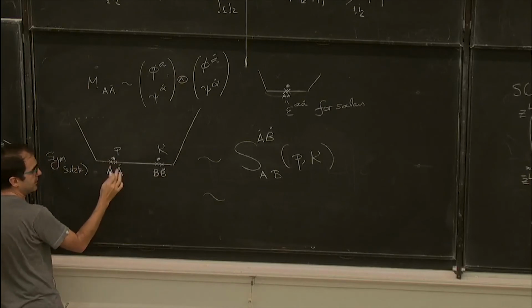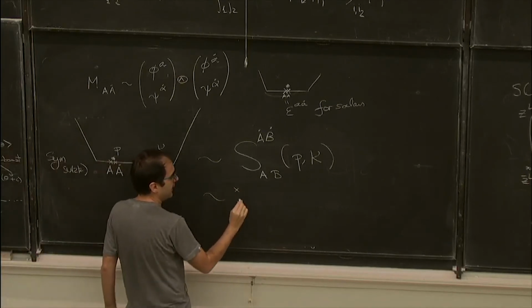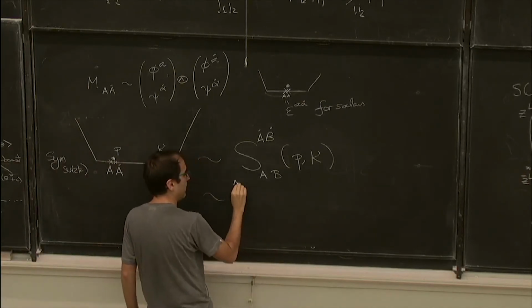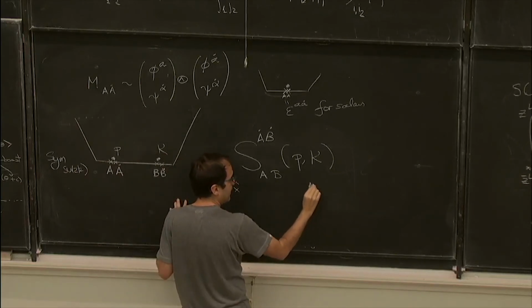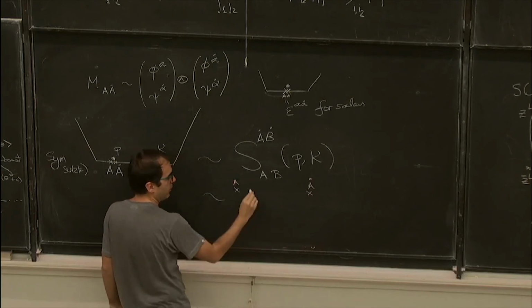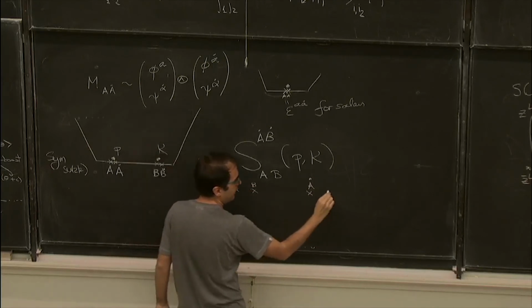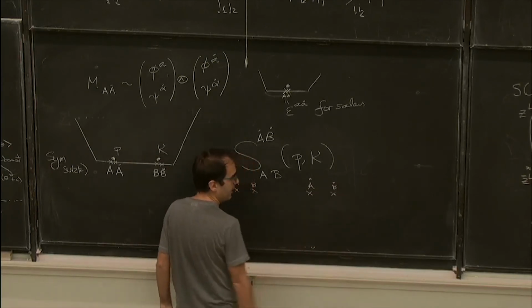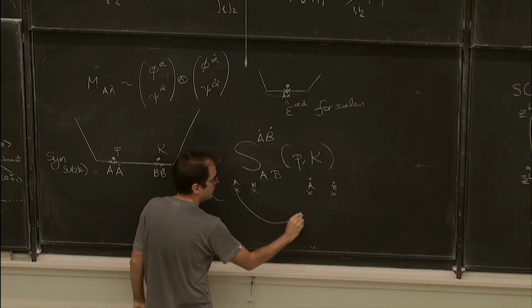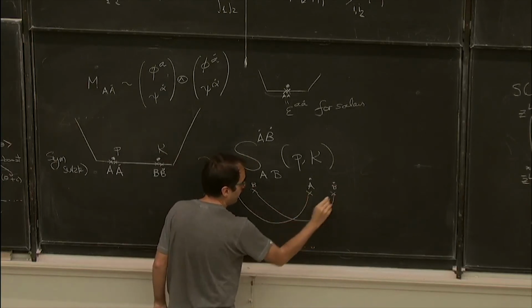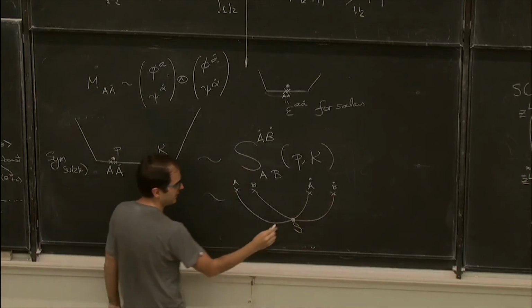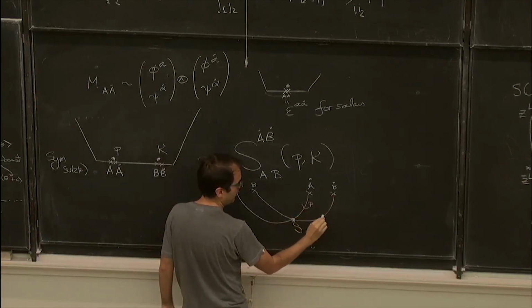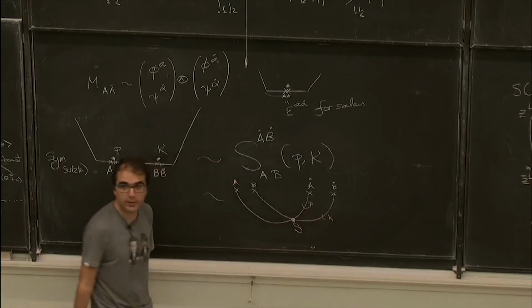We take these indices and we split the particle, we split these mesons, the quark, antiquark, we take them apart, and we put the A and the A dot far away. Then we put the index B and the index B dot far away, and then we just contract them, and this is the S matrix, where this line is associated to P and this line is associated to K.